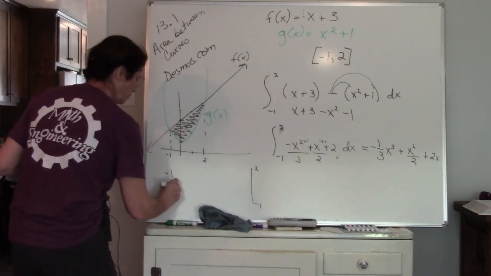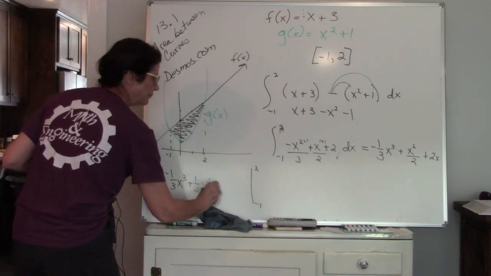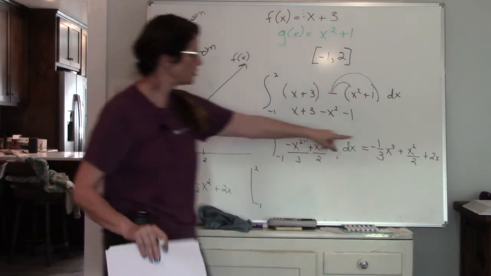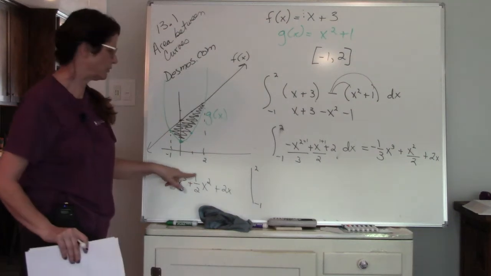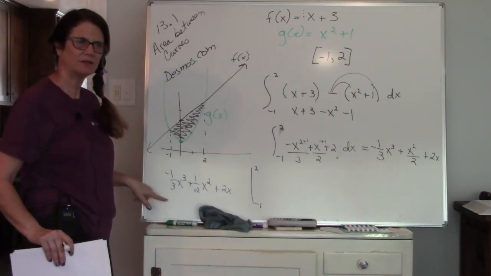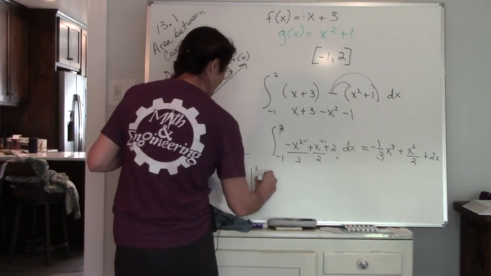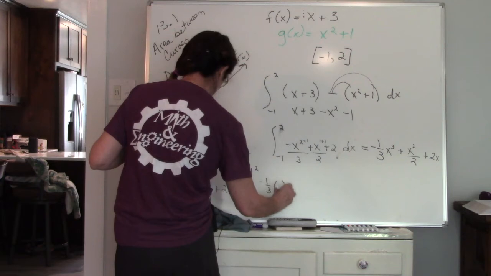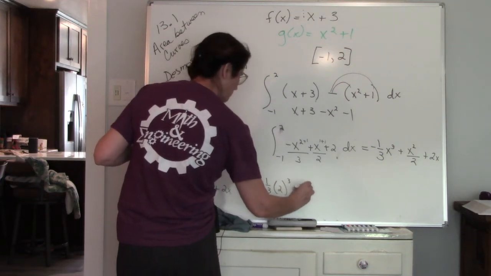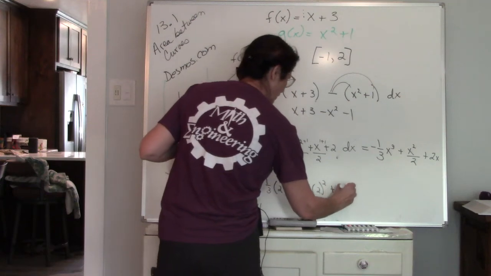So I'm going to go ahead and rewrite this. And notice x squared over 2 is the same as 1/2 x squared. So if you like it better in this format, then go ahead and change it. And now I'm just going to evaluate. So I have -1/3 times 2 cubed plus 1/2 times 2 squared plus 2 times 2.